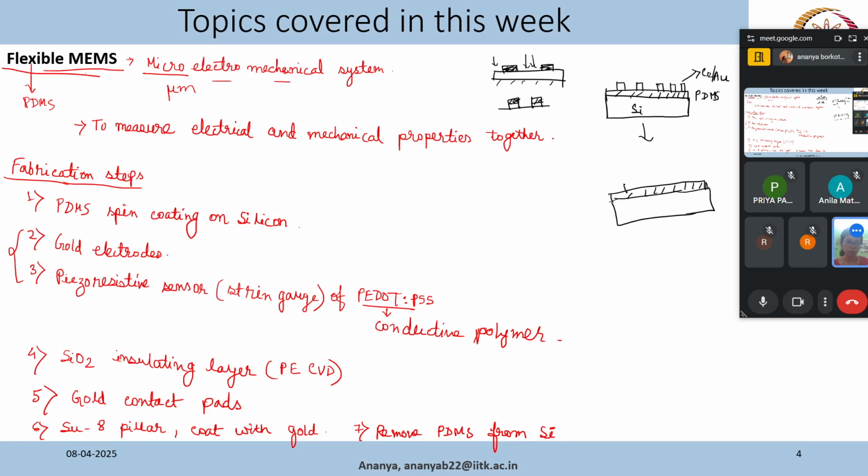Okay, these are gold electrodes. And then we will have our, so my drawing is not very good, but you can understand. Okay, so this is PEDOT:PSS.